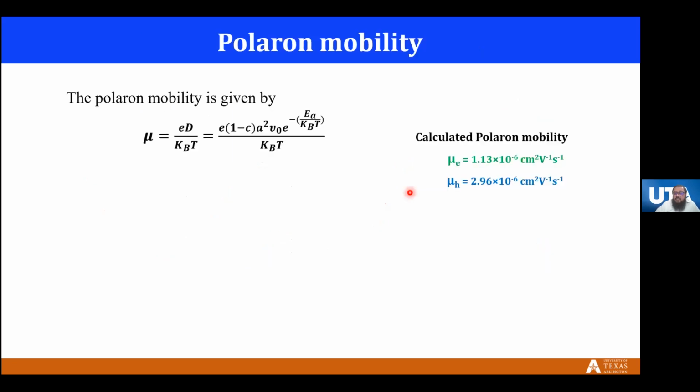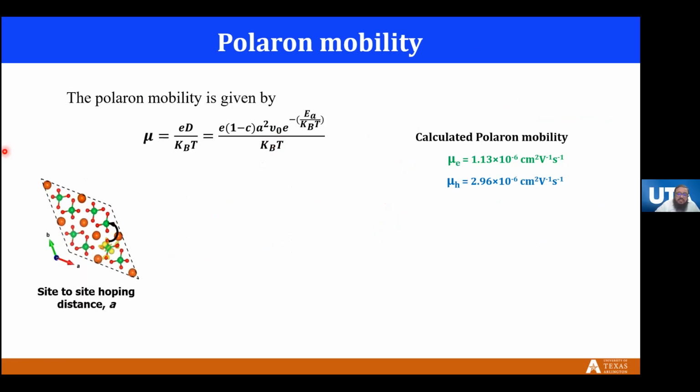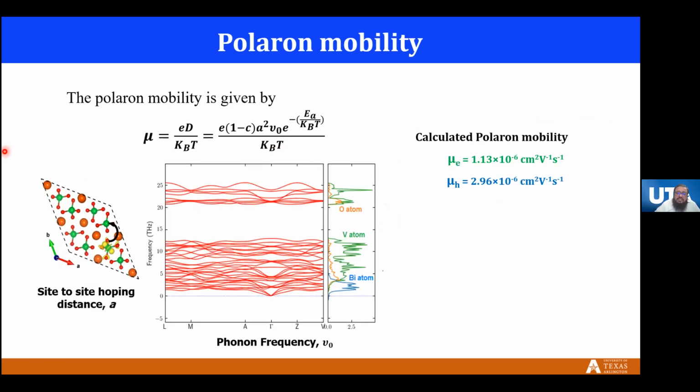Then we calculated polaron mobility. For polaron mobility, we use an empirical formula called the Einstein mobility formula. For this, what we needed is the frequency we knew from the lattice, so the phonon frequency. So we calculated the phonon frequency dispersion and the phonon density of states.